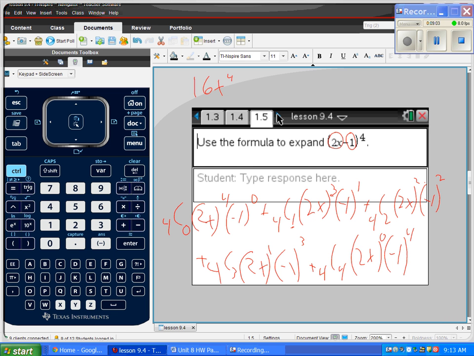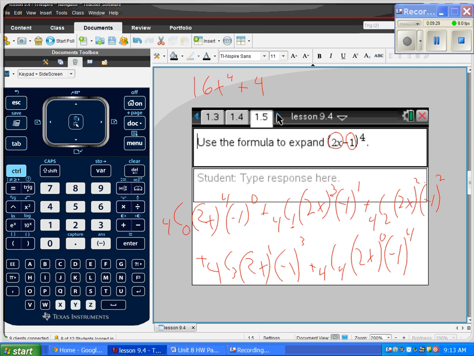This was 1. Okay, what's -1 to the 0? What is anything to the 0 power? 1. So this is 1, this is 1. I don't have to write those. 4x to the first, sorry. What is 4c1? 4.